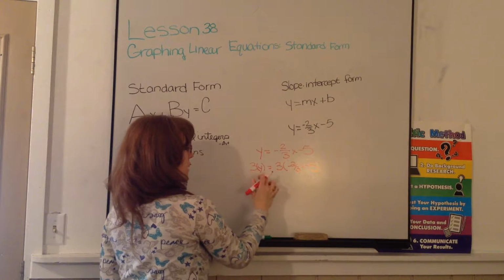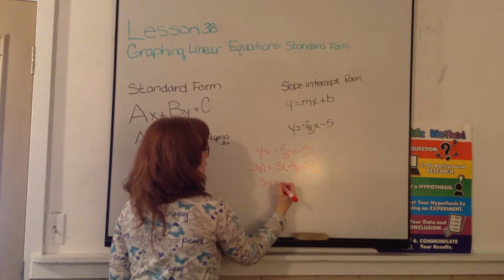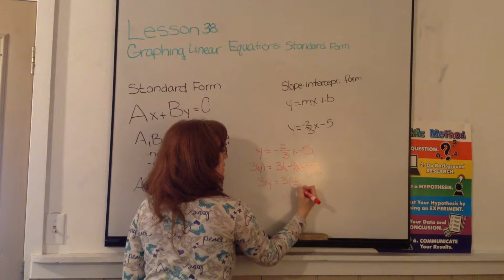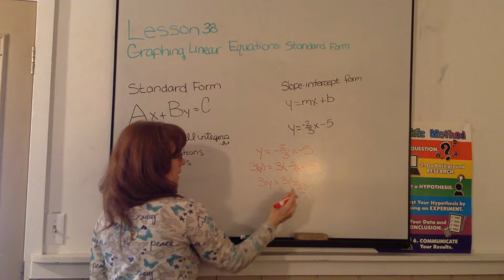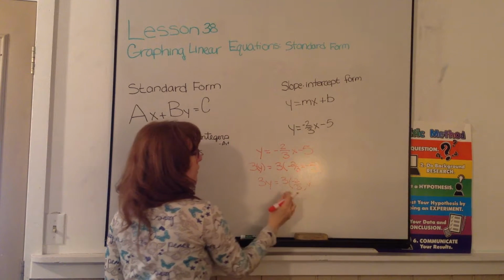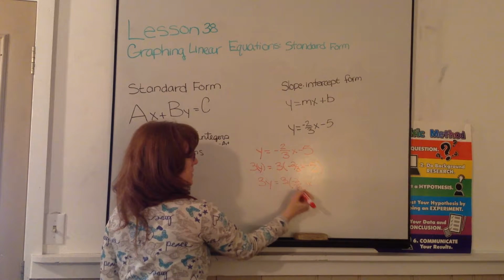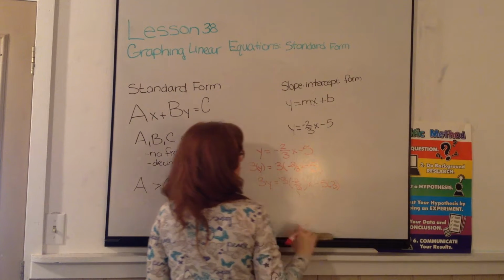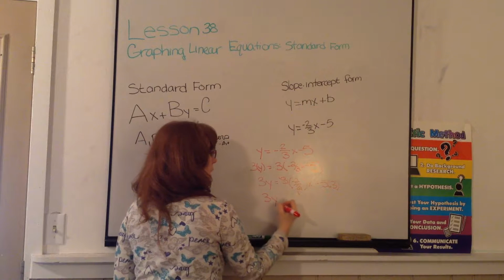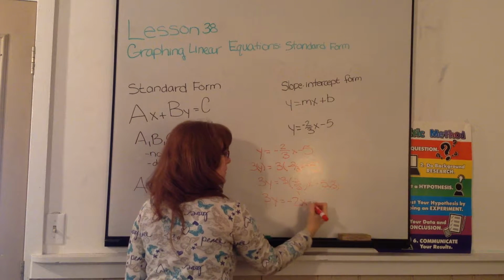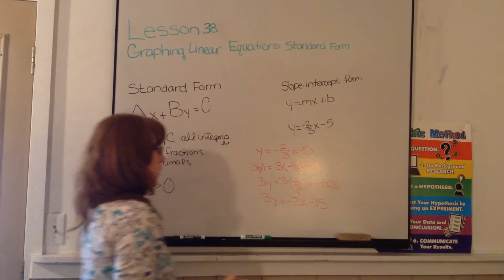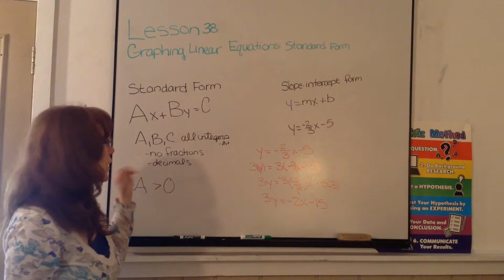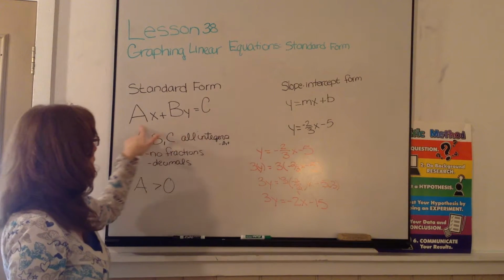3 times y is 3y. And I'm going to do this right here just to make it a little bit easier for you guys to see. So I'm going to put the x out here. 3 times negative 2 over 3, this cancels out, gives me 1. And then minus 5 times 3. That gives me 3y equals negative 2x minus 15. Okay, so I got rid of the fraction. The next thing I need to do, I'm still trying to get it to standard form.